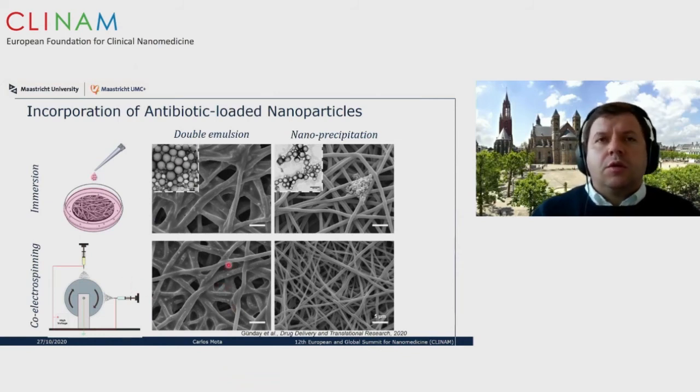With the double emulsion, again, the surfactant influences our electrospinning process a lot, so we also have a bit of a thickening of our submicron fibers. But when we use the nanoprecipitation, we have a better distribution of the nanoparticles, and also better control of the submicron filaments that we can produce with the electrospinning.